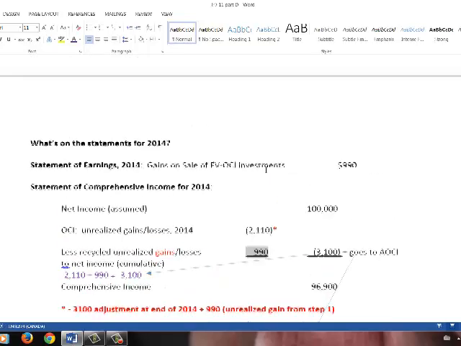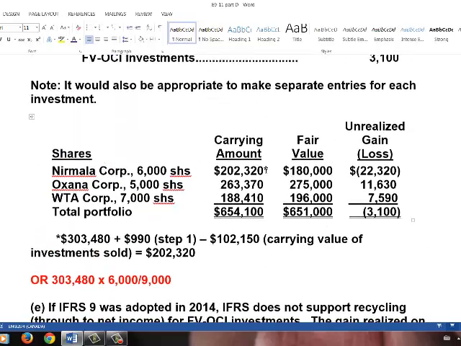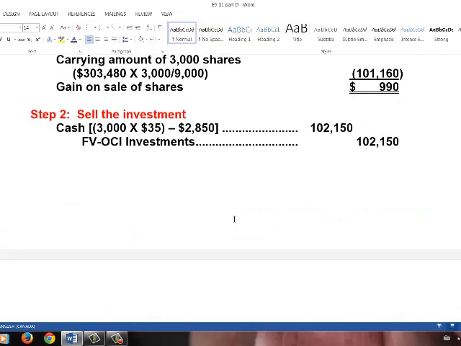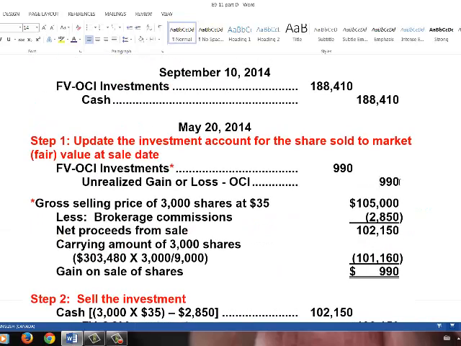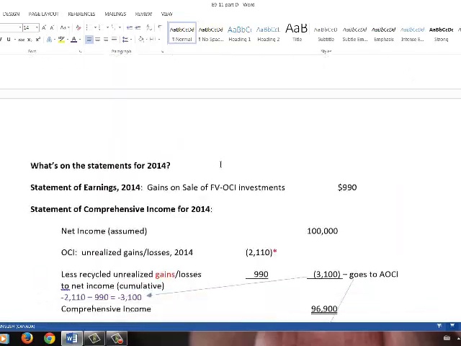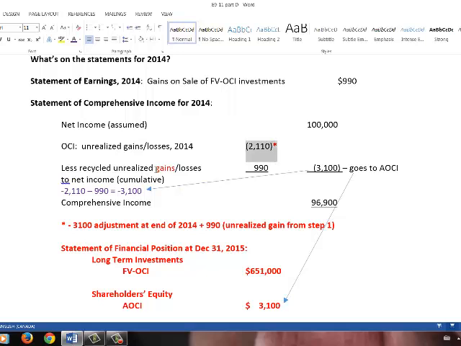We would go to step 3 to find this, because that would be the cumulative amount of the gain or loss that got recycled into income. We debited the unrealized gain or loss for 990 to move the gain that we booked out, because we're recycling it into net income. So from any OCI that we book this year, we deduct the recycled cumulative unrealized gains and losses to net income.